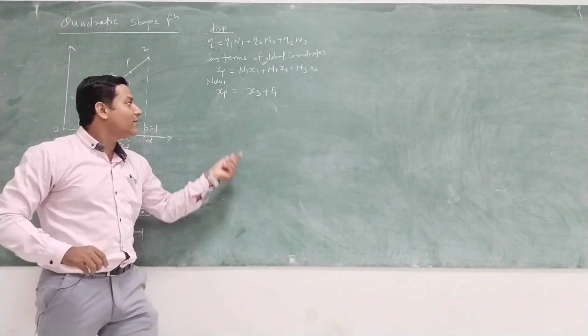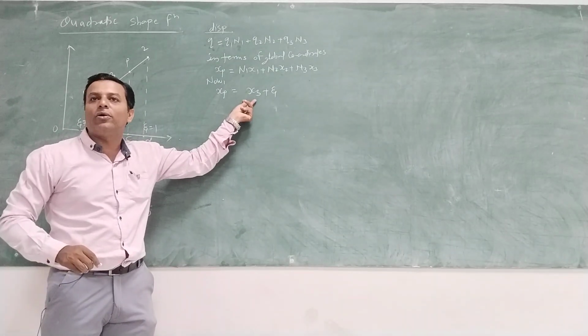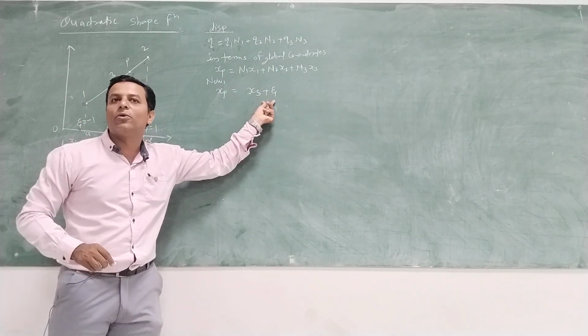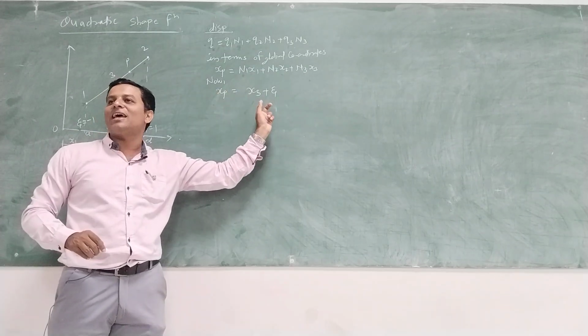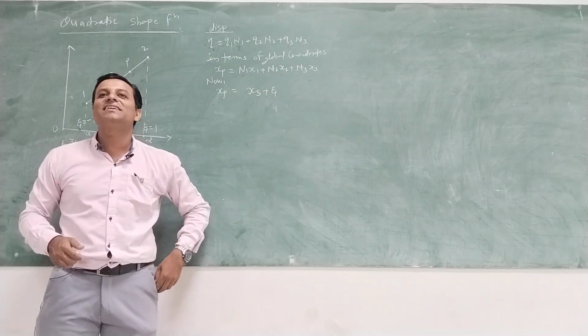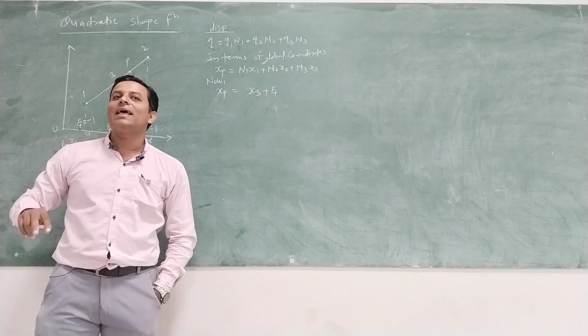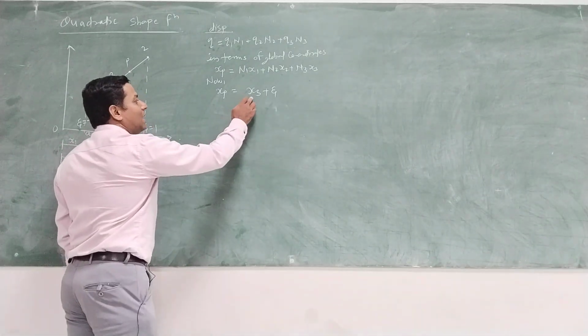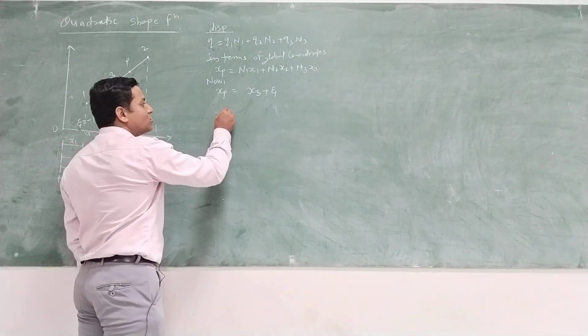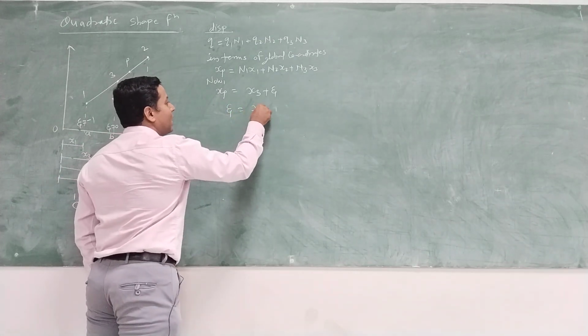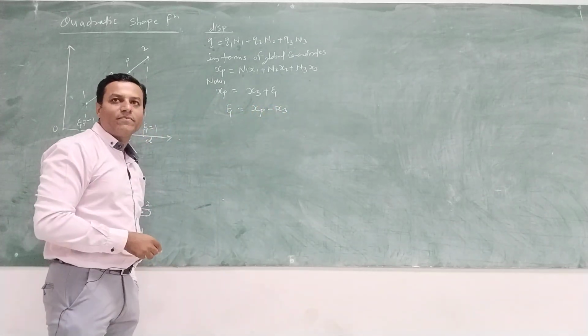Now you can see here xp and x3 are global coordinates and zeta is local coordinate. So this equation provides the relation between local and global coordinate. I will transfer x3 to that side, so zeta will be equal to xp minus x3.